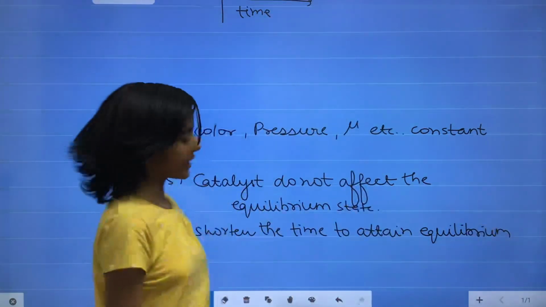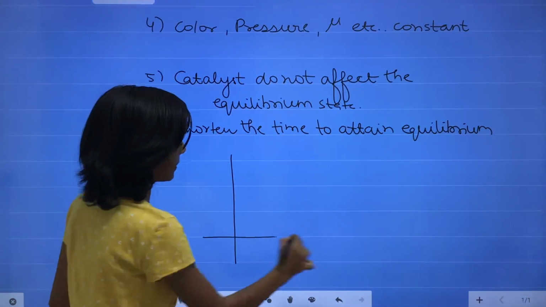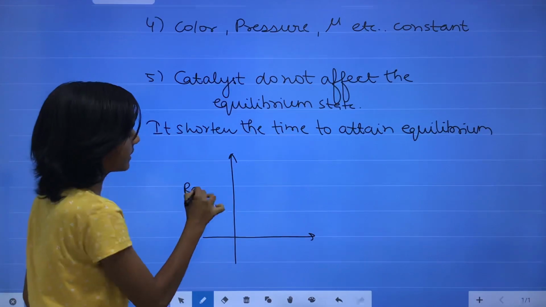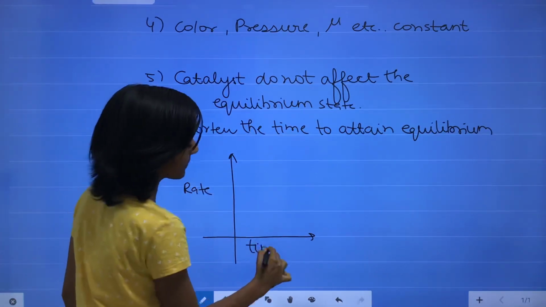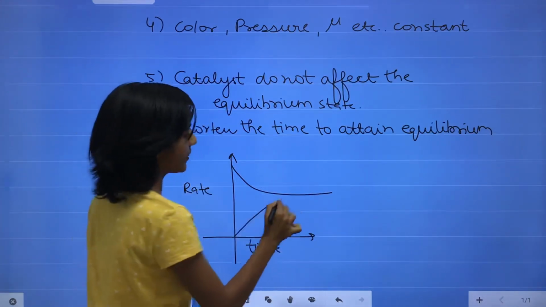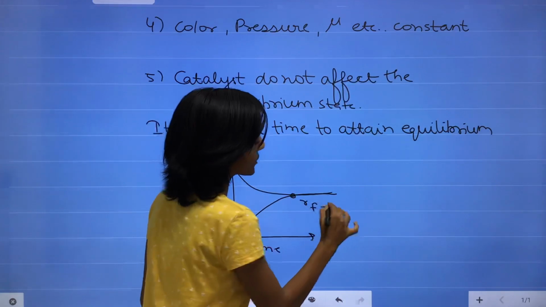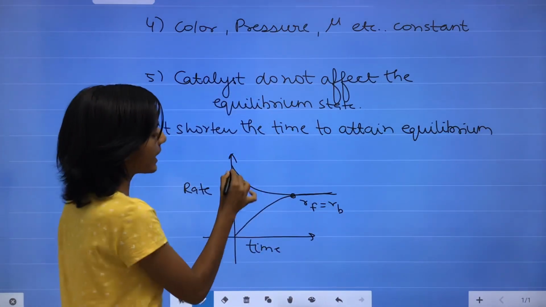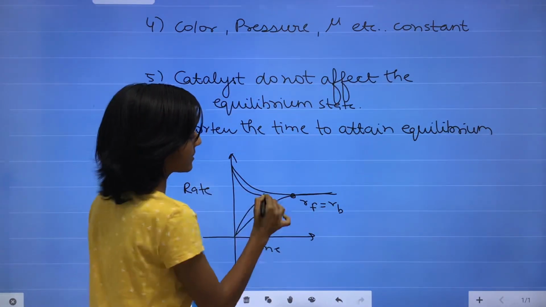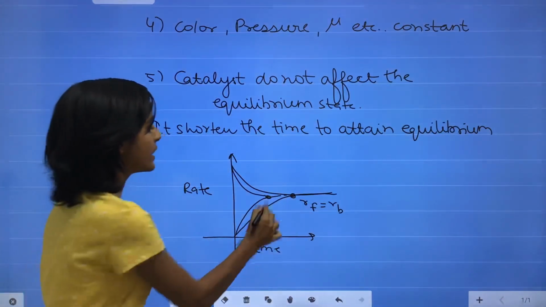We can show this by a graph also. So this is rate and time. You know that this is the rate of forward reaction, the rate of backward reaction, and this is the equilibrium, where the rate of forward reaction is equal to the rate of backward reaction, and this is in the presence of a catalyst. The catalyst shortens the time to attain equilibrium.